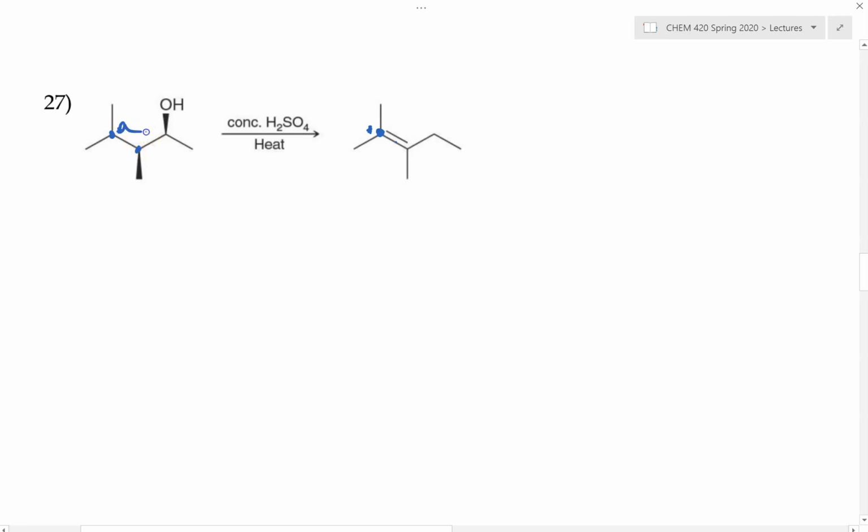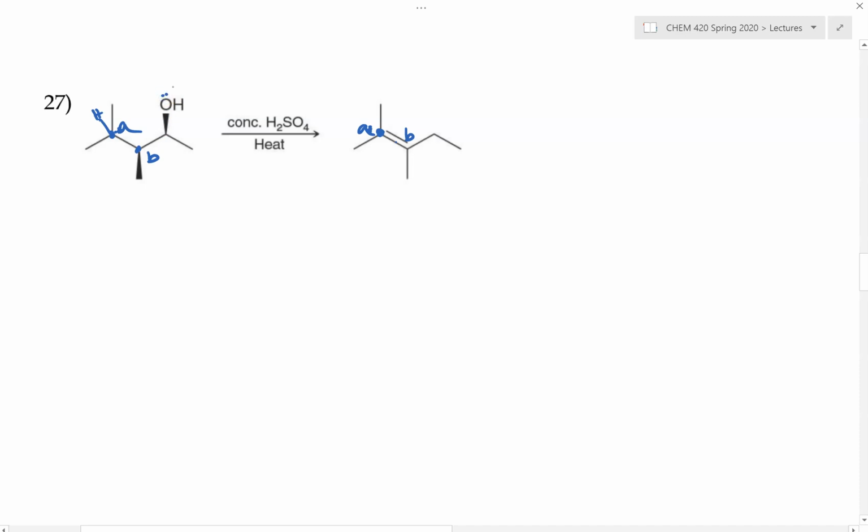Let's call this carbon A and this carbon B. Carbon B on the reactant is not connected to a leaving group. So the first thing is going to leave, and then there will be a carbocation rearrangement followed by the abstraction of this hydrogen to produce the double bond between carbon A and carbon B. And that would be the mechanism of this reaction.